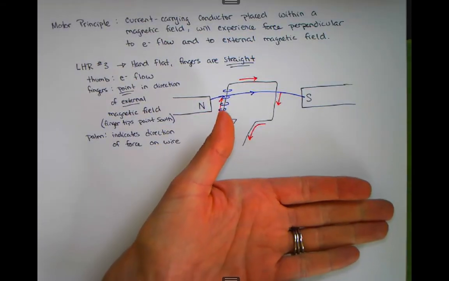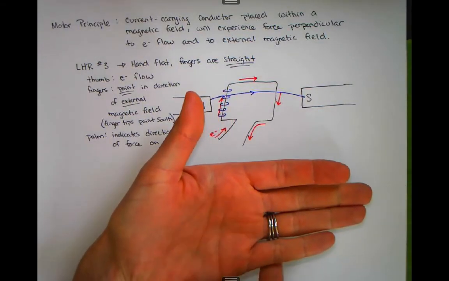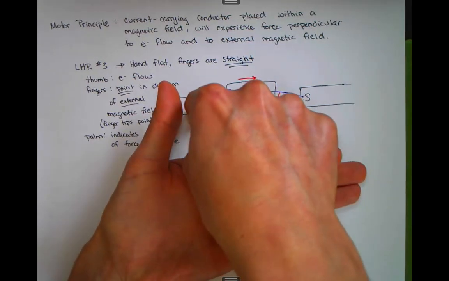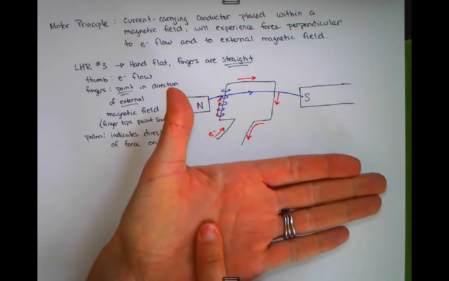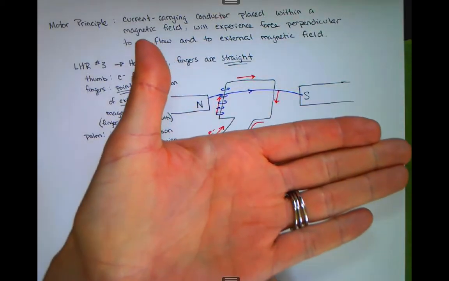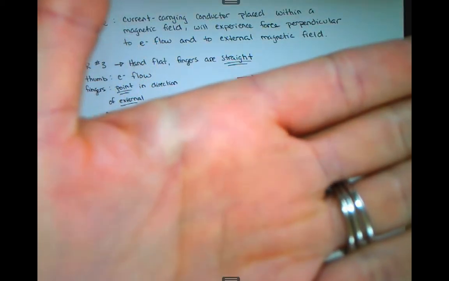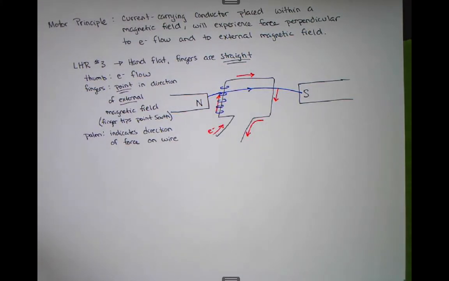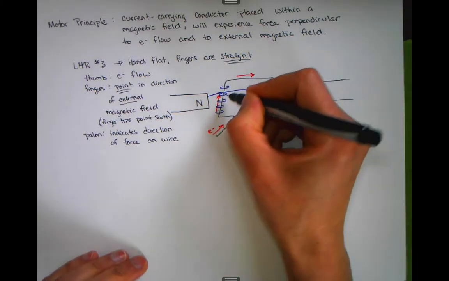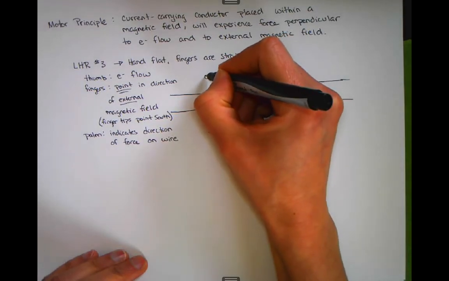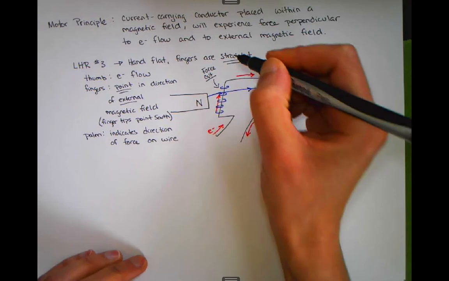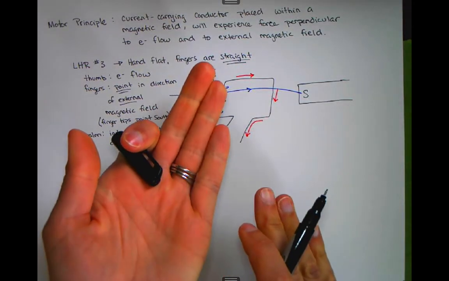So thumb goes up in the direction of that current flow. My fingers point in the direction of the external field, from north to south. And then my palm is going to show you the direction of the force. So it's coming out of the page. It's up towards your face. So this side of the wire is going to feel a force coming out of the page. So this is your force out of the page. So this part of the wire is going to come flipping up.